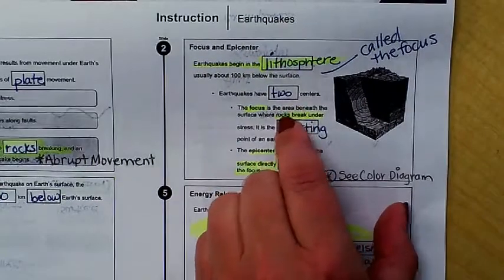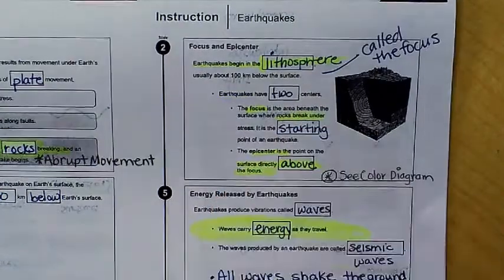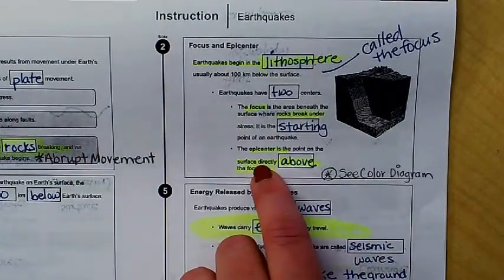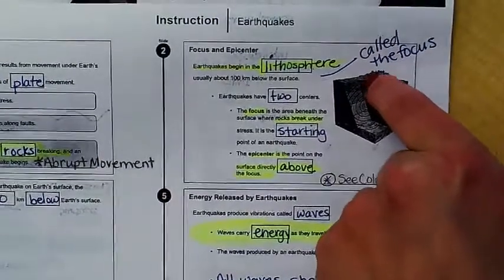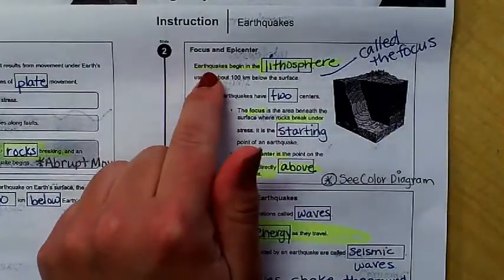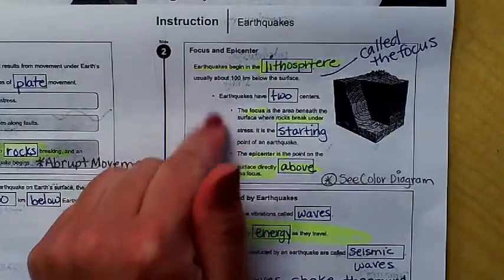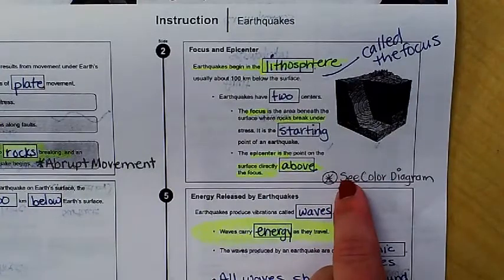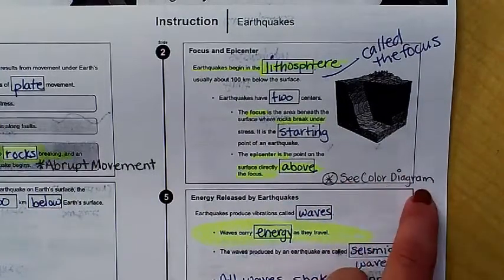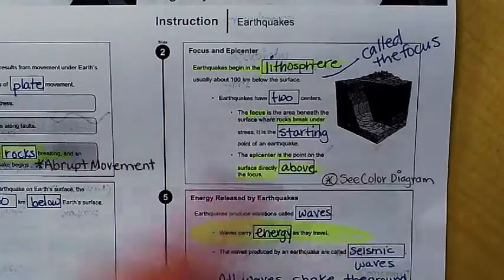The focus is underneath where the rocks are breaking, and then the epicenter is directly above that focus, up on the surface of the Earth. I either will or have included a picture of this diagram, or you can Google focus and epicenter and look at an actual colored diagram.